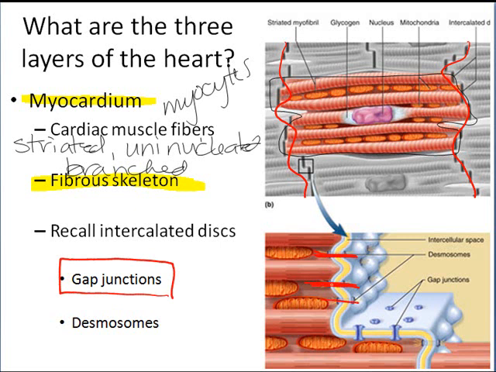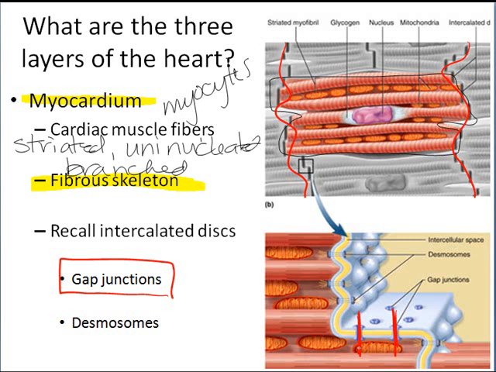Here they are. Here's our gap junctions. And they allow for action potentials to travel from one myocyte to another very rapidly. And in essence, this means that the myocytes of the heart may contract as a single unit. They contract simultaneously, if you will.